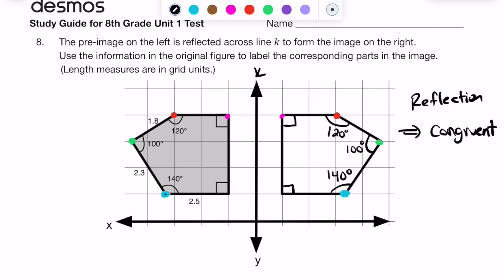And then we can do the same thing with the side lengths. Okay, this is 1.8 units, so that's 1.8 units. This is going to be then 2.3, this is going to be 2.5. And then we can also label these because these are just nice whole numbers. That's 2. That's 3. Okay, so you're just labeling all those parts.